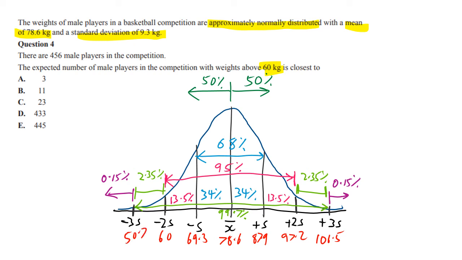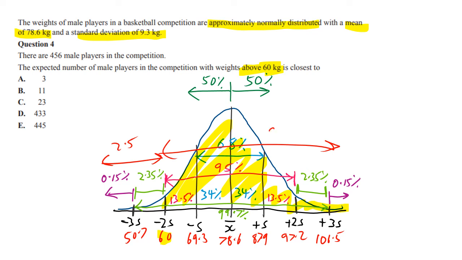And so it wants a weight above 60 kilos, so 60 kilos is here. That means all of this area colored in there. And again, this is a classic one: we know this is 2.5 and the whole thing's 100, so the rest of this is 100 minus 2.5, so that's actually 97.5% we want.